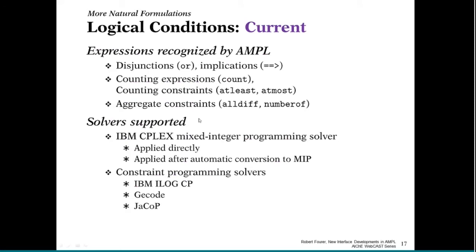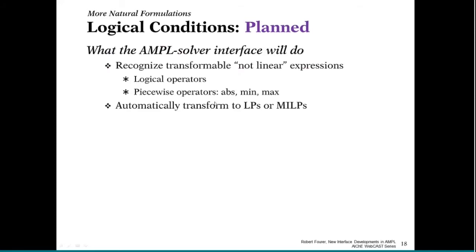Okay, I won't say too much about that. You've seen these all-diff and so forth. But let me say what we'd like to do is some automatic transformation, so that if you have some linear solver, maybe our interface would do this transformation for you instead of relying on the solver to do it.